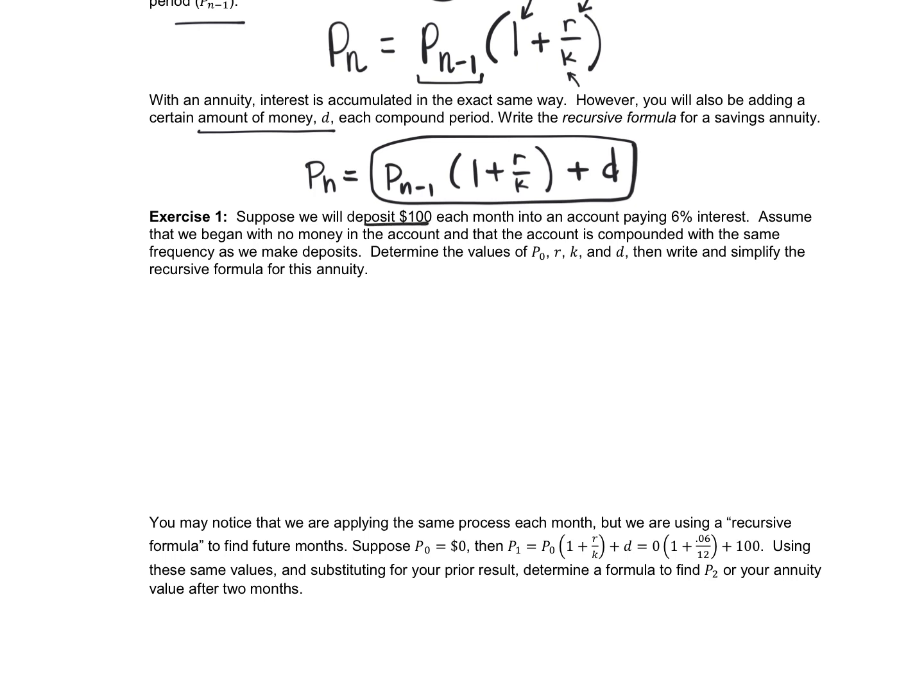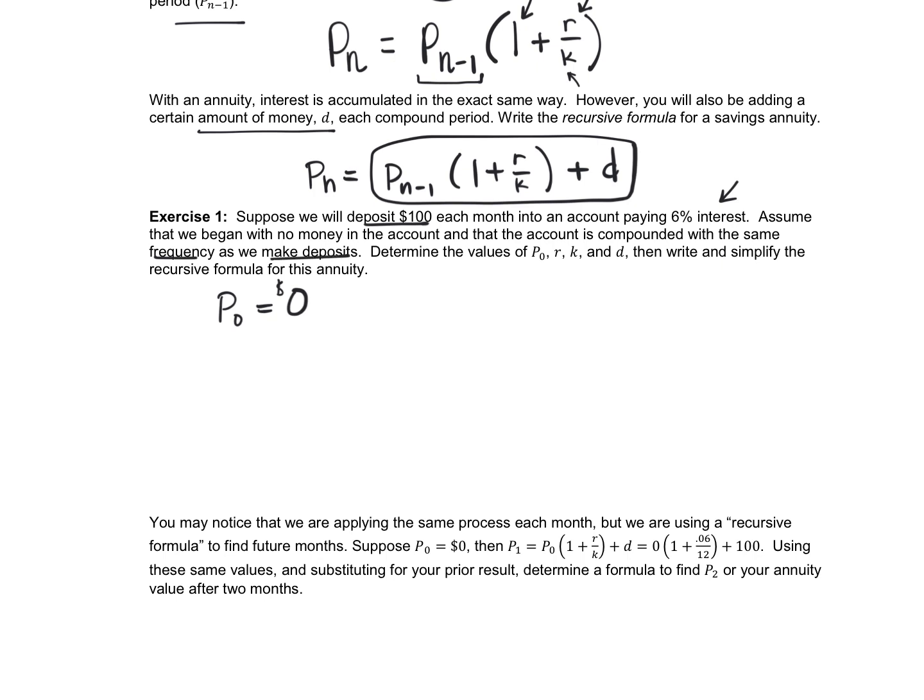So imagine that you're going to deposit $100 every month and your account pays 6% interest. So if you start with no money, we're going to say that P naught equals 0. So this is your very initial amount, $0, okay? We're going to see that the account is compounded with the same frequency as we make deposits.